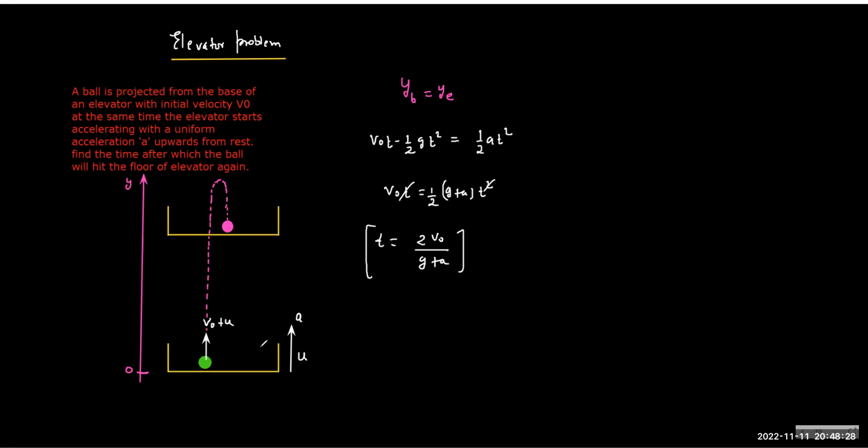So with respect to the elevator, the velocity is v naught, and from the ground frame, it is v naught plus u. And then you can take u as the velocity of the elevator in the very beginning. The equation will look like this: u t minus half g t square equals u t plus half a t square. And this u t will anyway cancel out. So what really matters is the velocity with respect to the elevator.